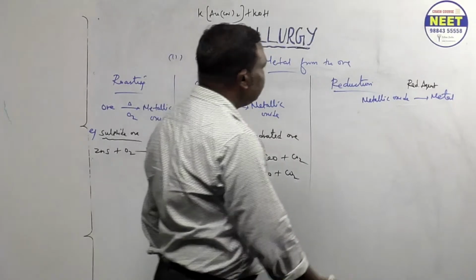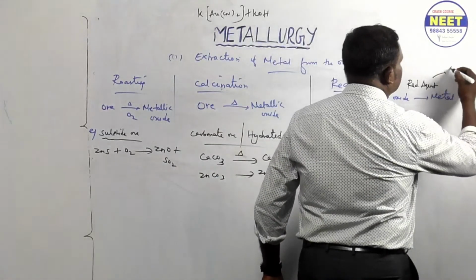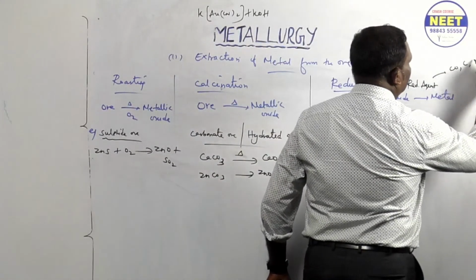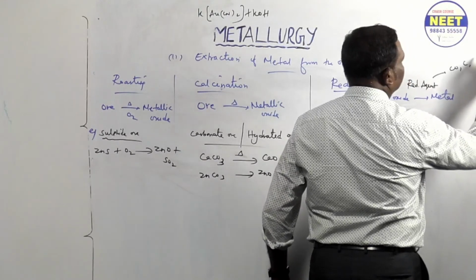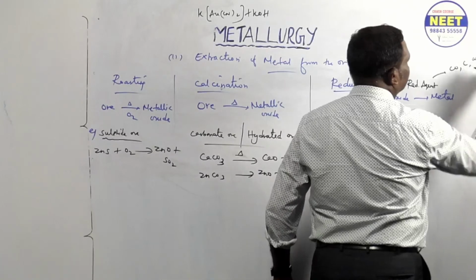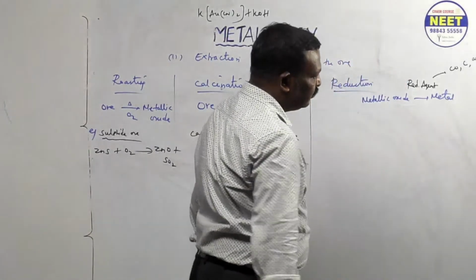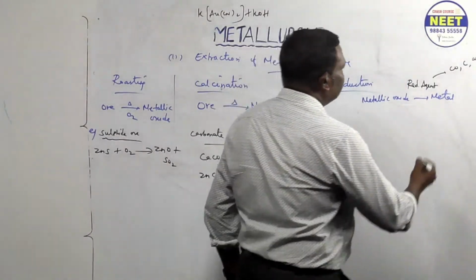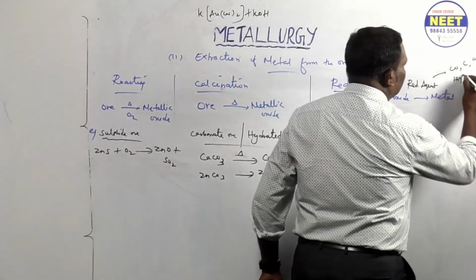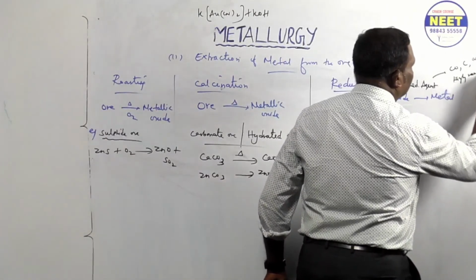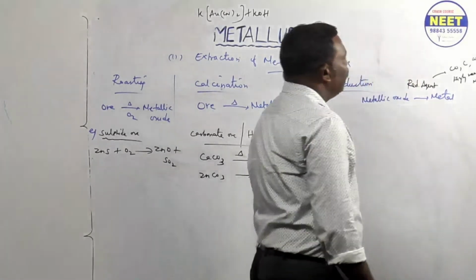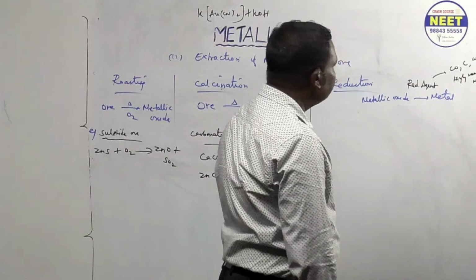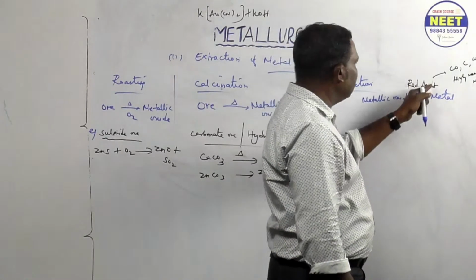It may be CO or C or any highly reactive metal. Understood? If you put that reagent, it converts metallic oxide into metal.